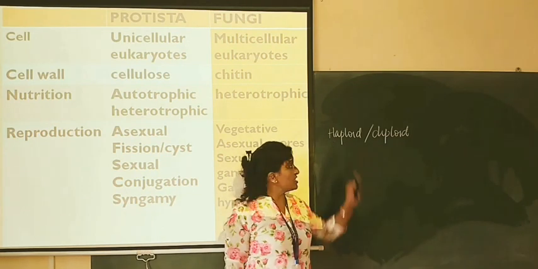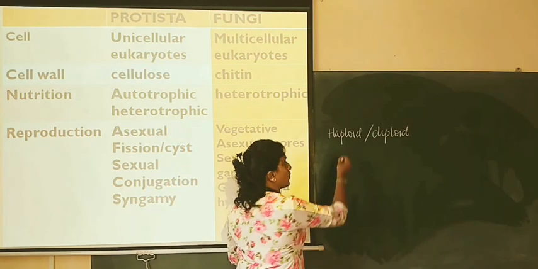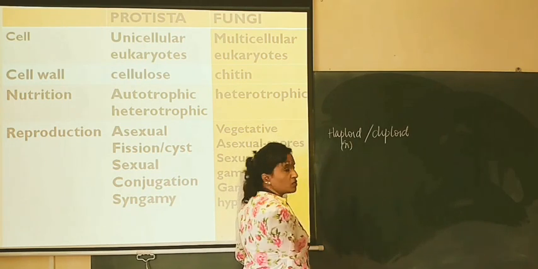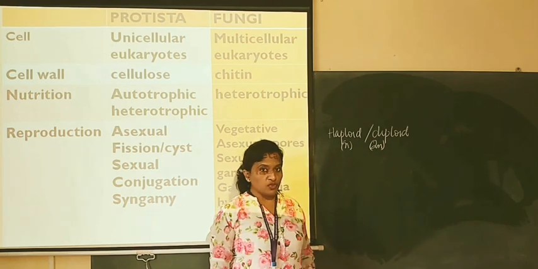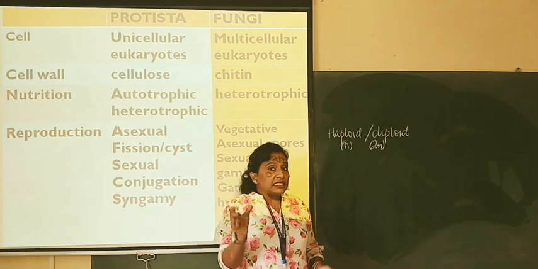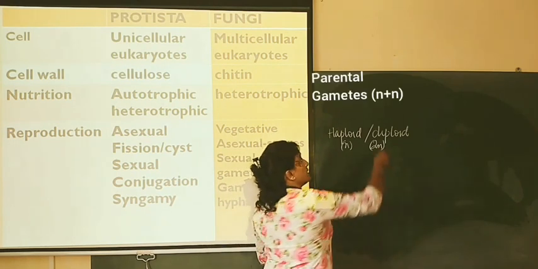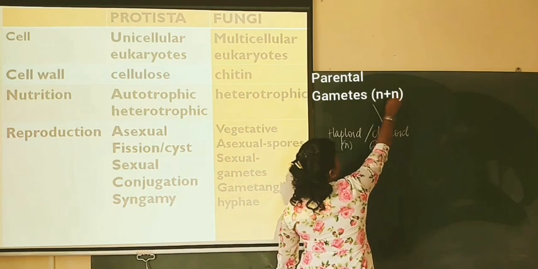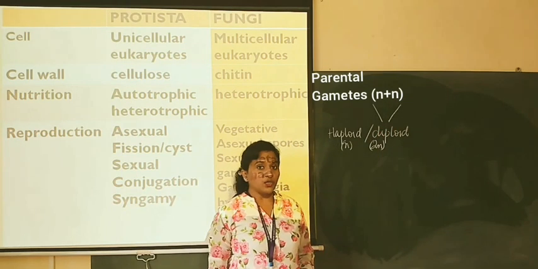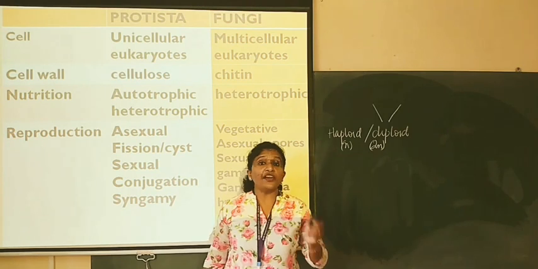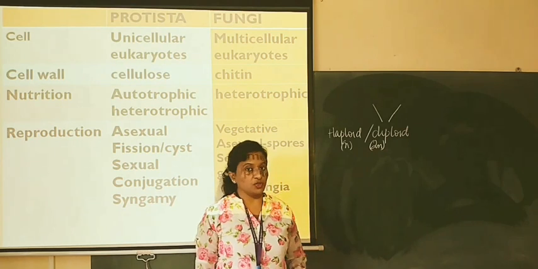So in kingdom Protista, they can be either haploid or diploid. When we speak about haploid, it means it has half the number of chromosomes, whereas in diploid there will be two sets of chromosomes. We should remember that these two sets of chromosomes are obtained when the chromosomes of two parents are present in this organism. And the haploid organisms are those which will have only one set of chromosomes.